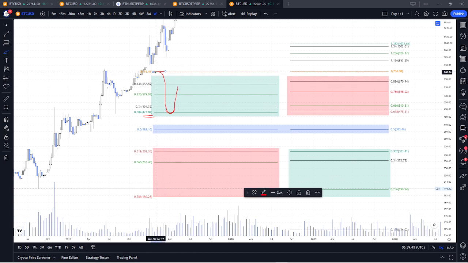So, we will then make 5 hits at the high of the range, 5 hits at the low of the range. You can find this everywhere on any price, on any asset, in the crypto, in the stock market.